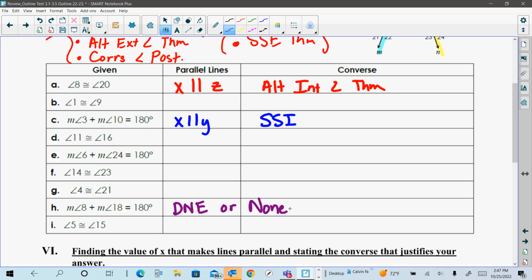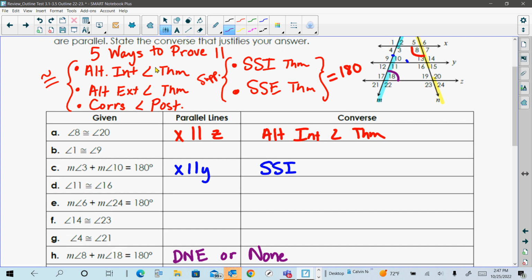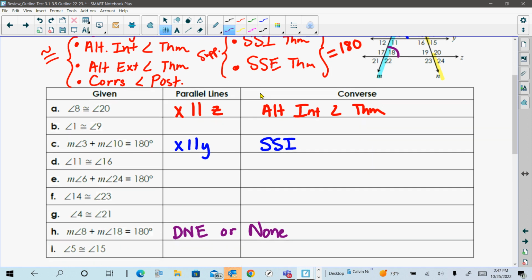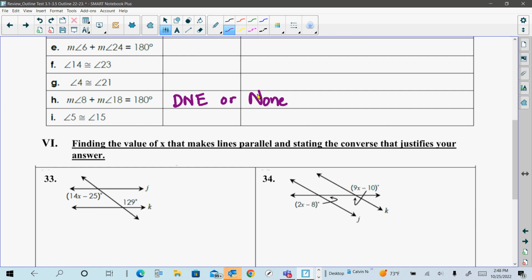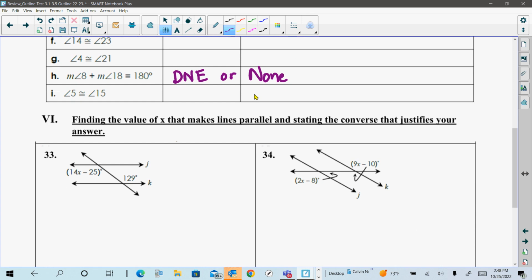So either it's showing a true relationship, the ones that are actually congruent, one of these three, or the ones that are supplementary equal to 180, has to be either these two types, or it does not exist. It's none.